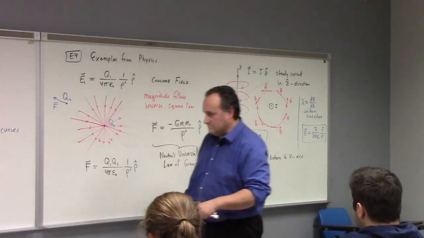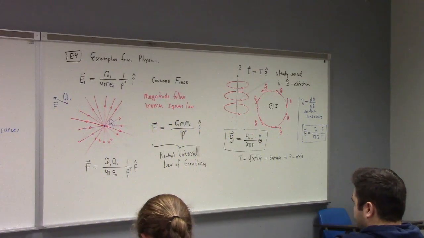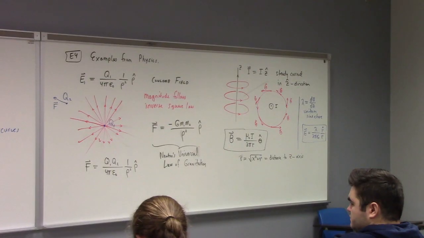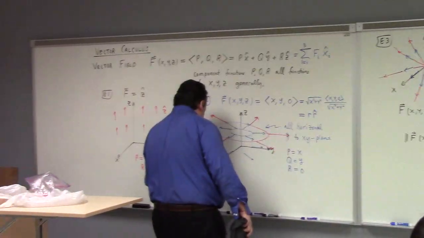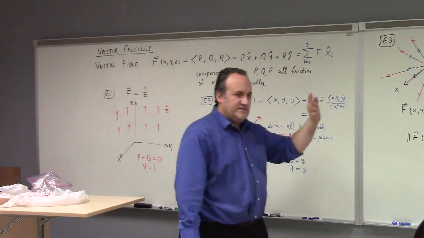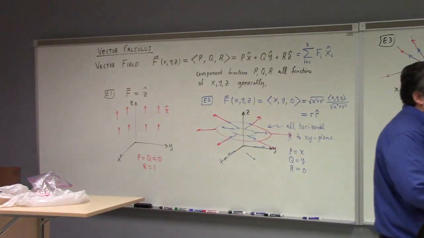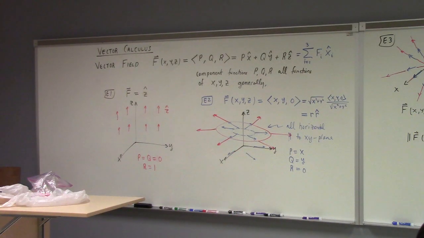So yeah. All right, so those are some examples for you. Now, setting aside, there are other examples from physics. This is just a sampling, right? Another important example is if you look at water in a river.